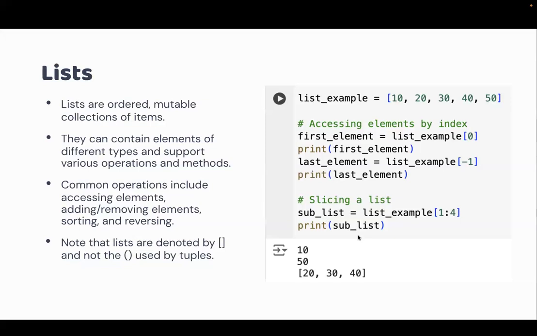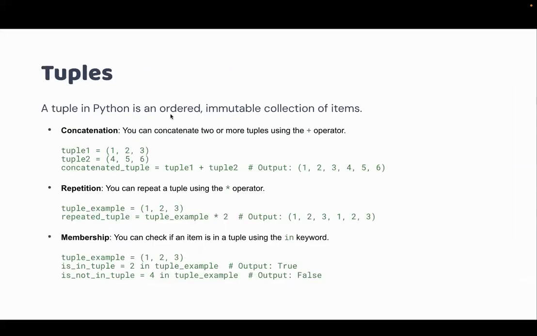Can you explain the difference between list and tuple again? Yeah, for sure. For the list over here, you can see that it's an ordered, mutable collection of items. However, tuples are ordered, immutable collections. So when we create a tuple, you cannot change one of the elements in the tuple anymore. If you are doing some concatenation or repetition, it's actually assigning the variable to a new, different object.